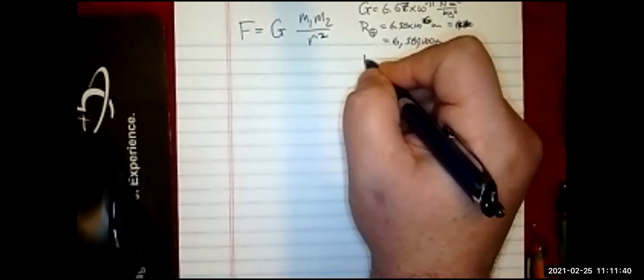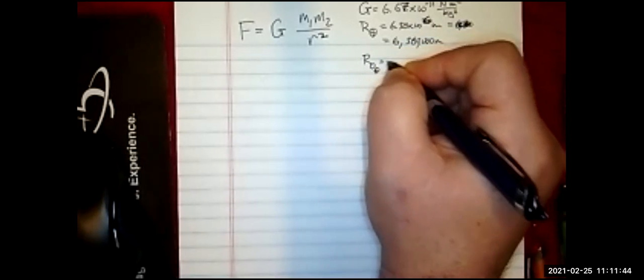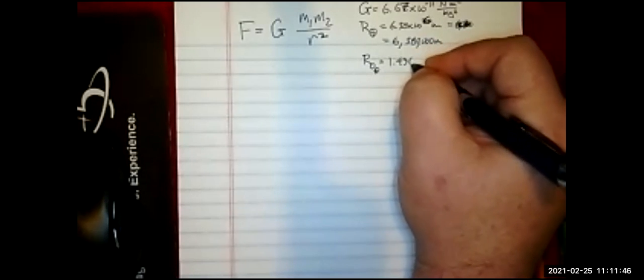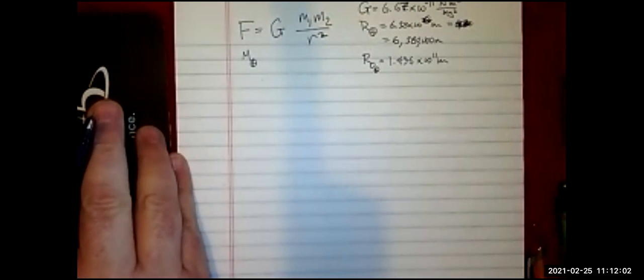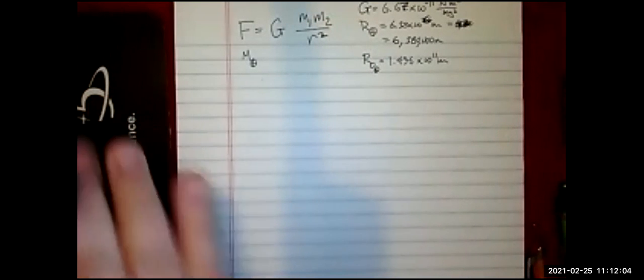We also know that the radius of the orbit of Earth is 1.496 times 10 to the 11th meters. Let's do the mass of the Earth first, because we're going to use that in a second. The mass of the Earth is 5.98 times 10 to the 24th kilograms.